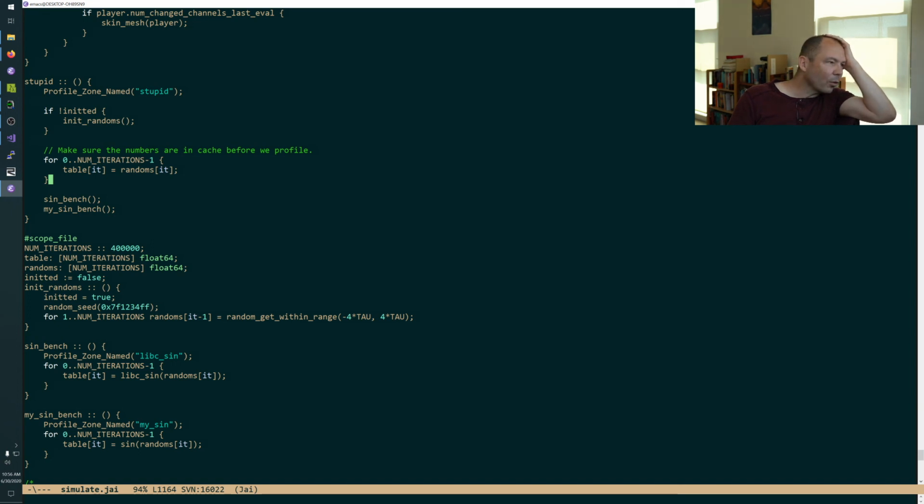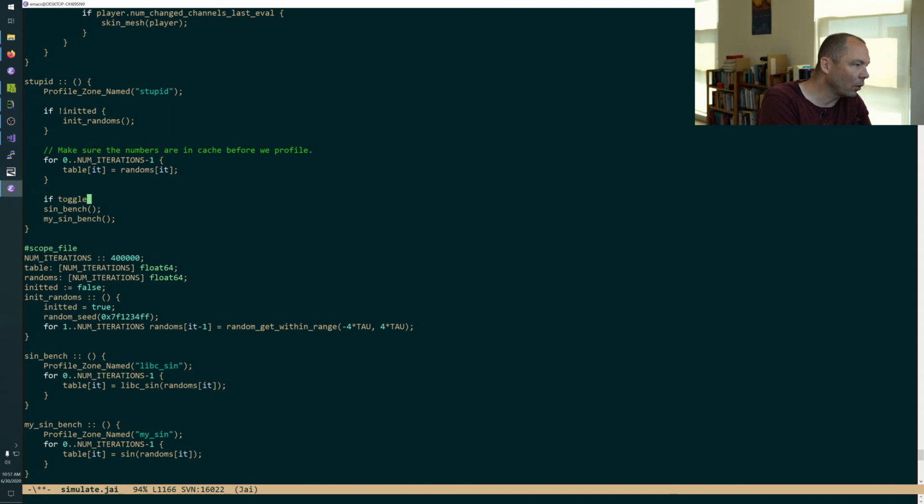But then they're both... Can swap order of sine and sine libc. 32K to 64K entries. Computers are fast. Yeah. Let's do this thing that people are suggesting.